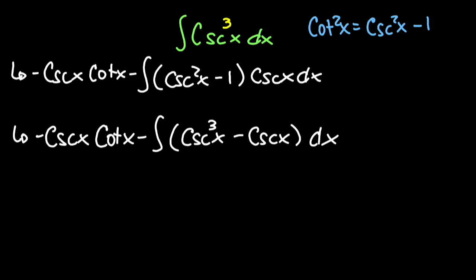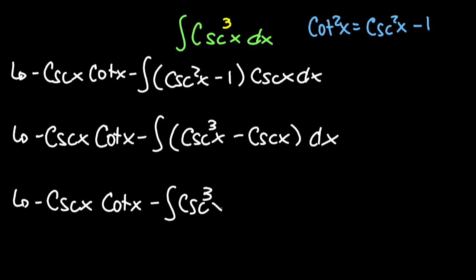Before we move on, we can split this integral into two parts and distribute also the dx while in there. So this would be cosecant cube of x dx. And since we have a negative and negative sign multiplying this, which makes it positive, integral of cosecant of x dx.